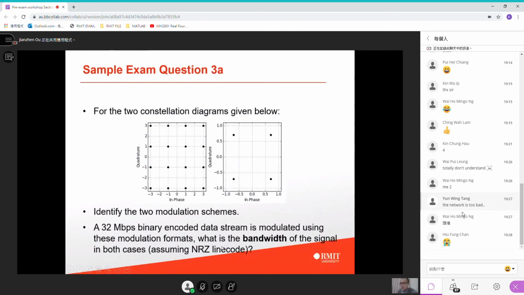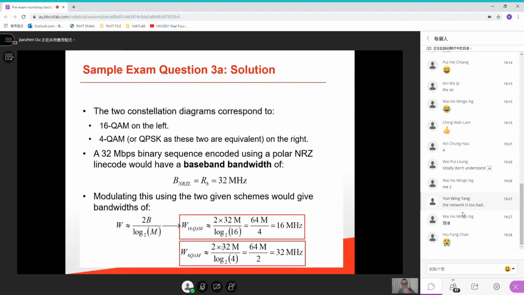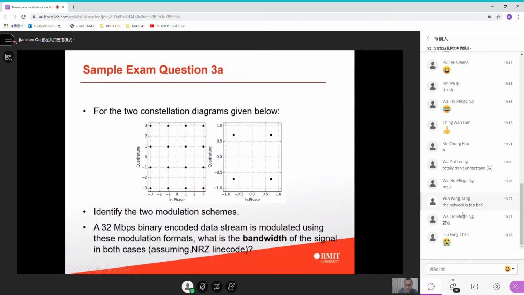Now we have to use the formulas we talked about a few slides ago. Remember, this is the NRZ line code, a polar NRZ line code. I think this question should say polar NRZ to make it clearer. But normally, as I mentioned in the table in the last lectures, for all NRZ line coding schemes the first null bandwidth is equal to the bit rate.